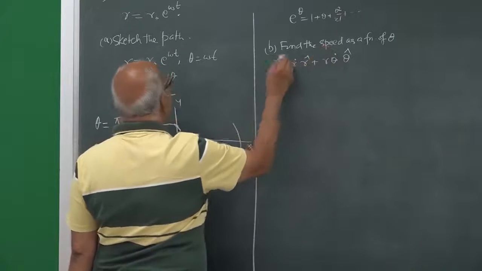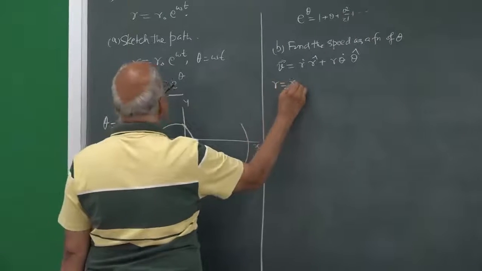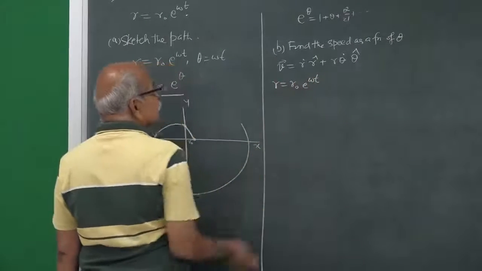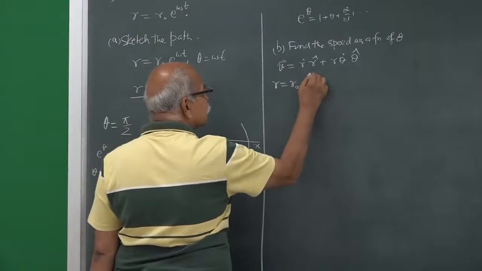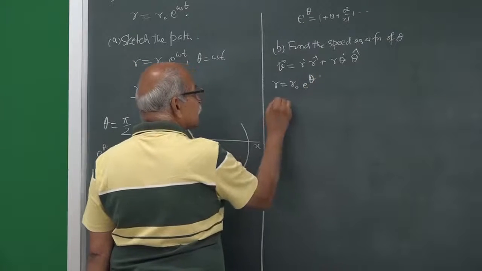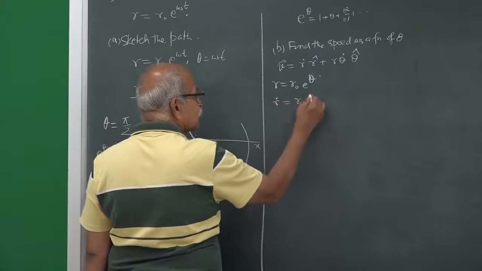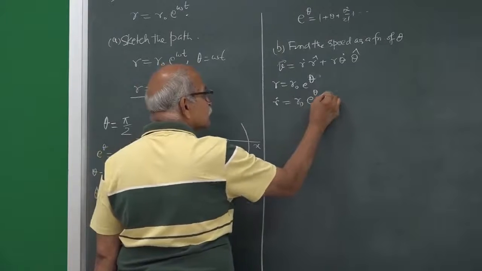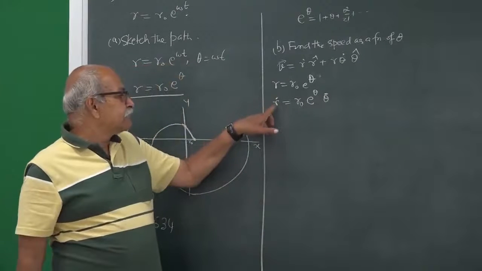Speed. So, r dot, what is r dot? R is equal to r naught e to the power omega t, or you can also say this is e to the power theta. So, r dot is r naught and then e to the power theta into theta dot, right. What we have done? Differentiate with respect to time.